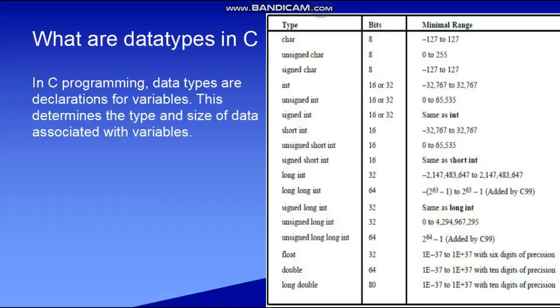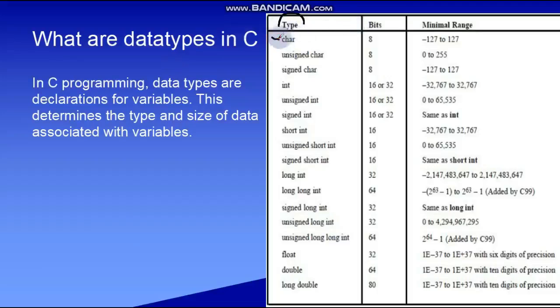What are data types in the C language? In C programming, data types are declarations for variables. This determines the type and size of data associated with the variables. For example, char is a data type. Now if we look in this column, there is a list of some data types that are available in the C language.